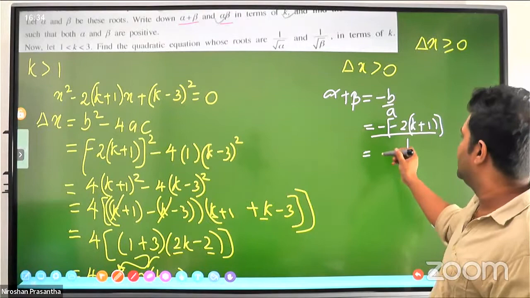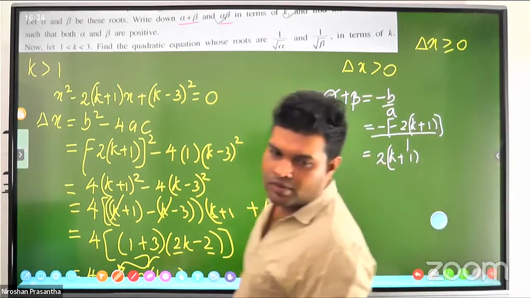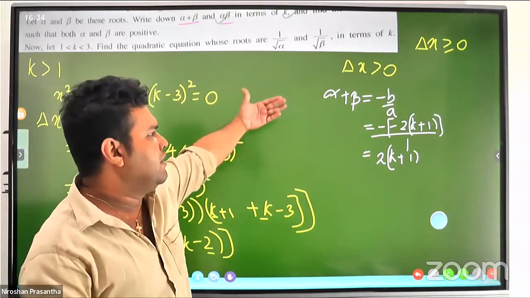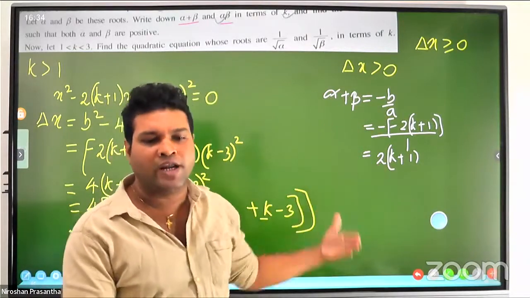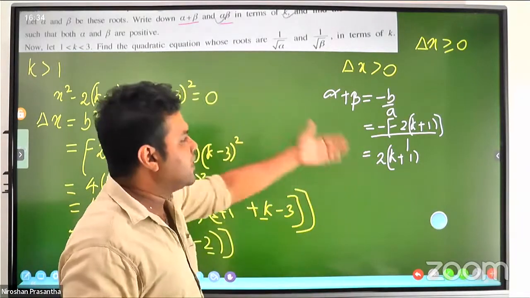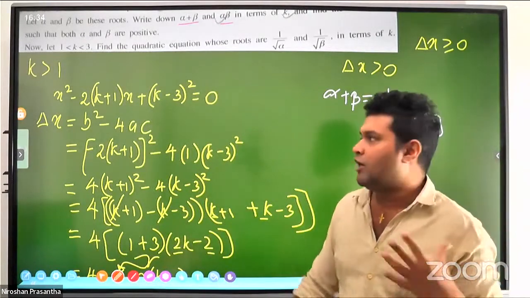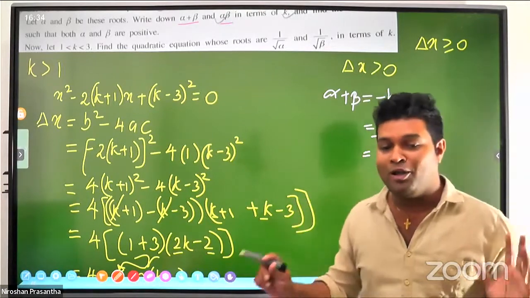So what's the answer? 2k plus 1. I have written it from the beginning, but there is no need to write everything. I don't expect students to write minus b over a even. No need to write them. Then you can find this, 2 times k plus 1. If you have a lot of confidence, you can write it without mentioning the minus plus also. It doesn't matter.